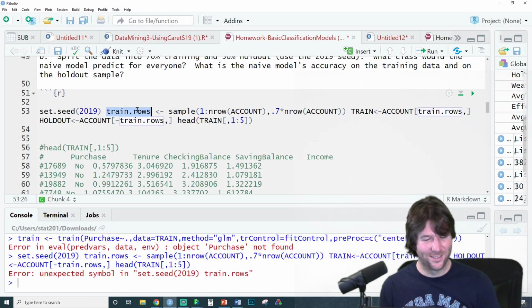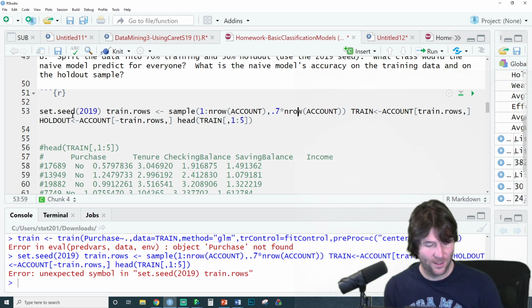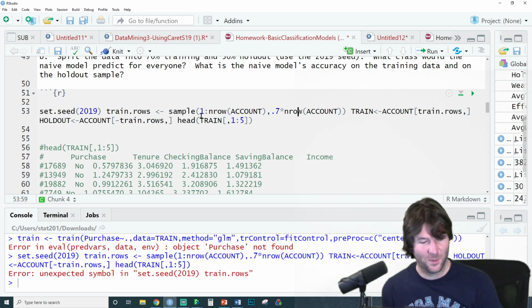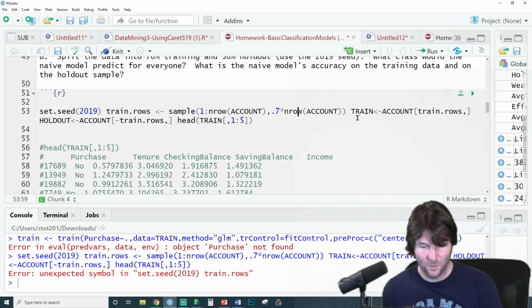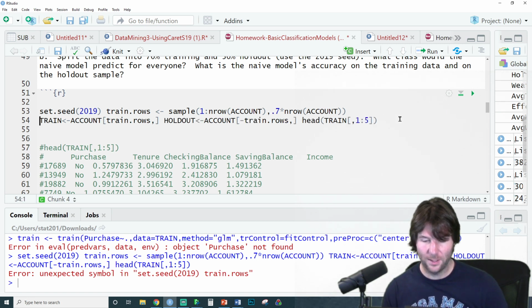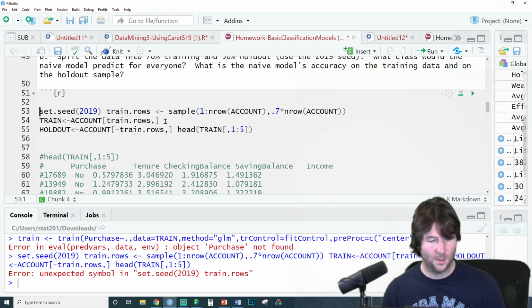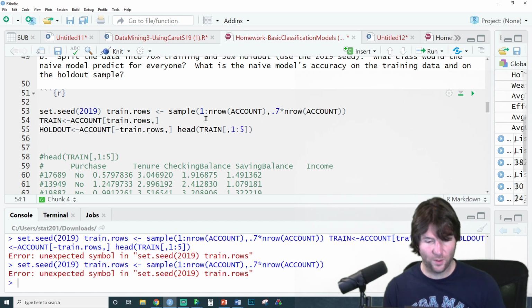Wait, and I don't have train rows. Okay, wait. What's going on with all my code right here? So set seed, train rows. Something's going on weird right here. Set seed, unexpected symbol. Okay, wait. I think that's the issue. And that should go there. That looks to be unexpected symbol in train rows.